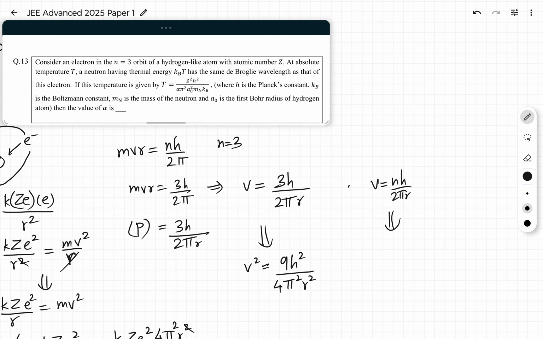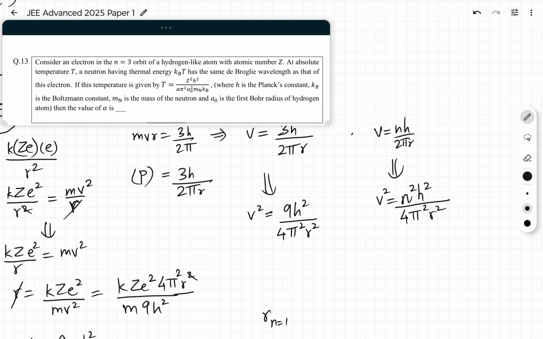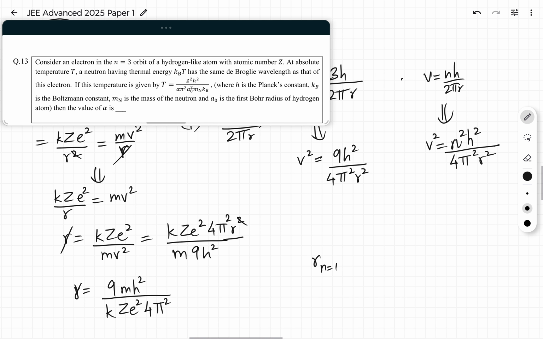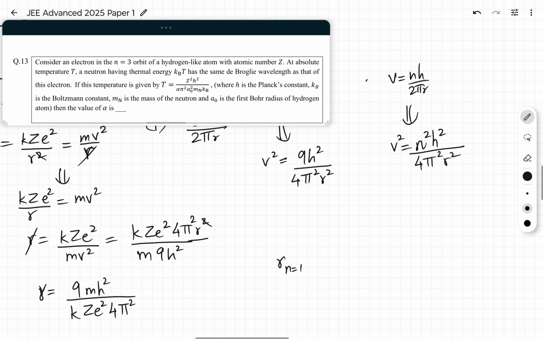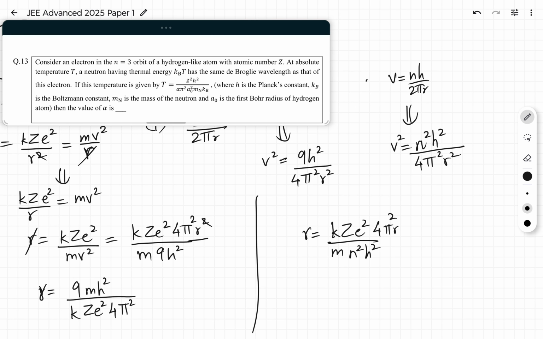So this will give us v squared as n squared h squared by 4 pi squared r squared. Let's substitute this into this part, which will give us r equals kZe squared by mv squared, which is n squared h squared by 4 pi squared r squared.